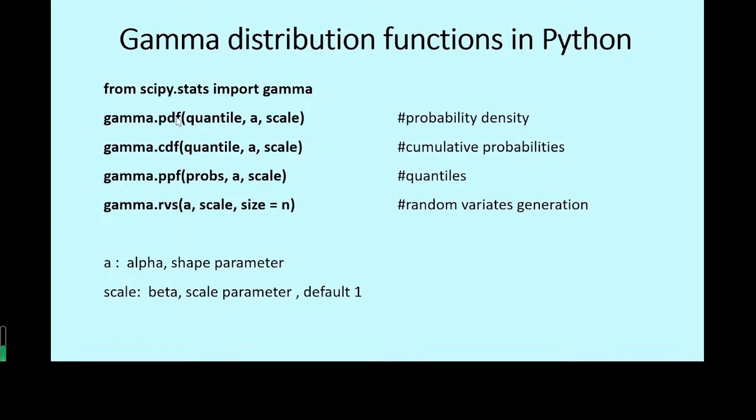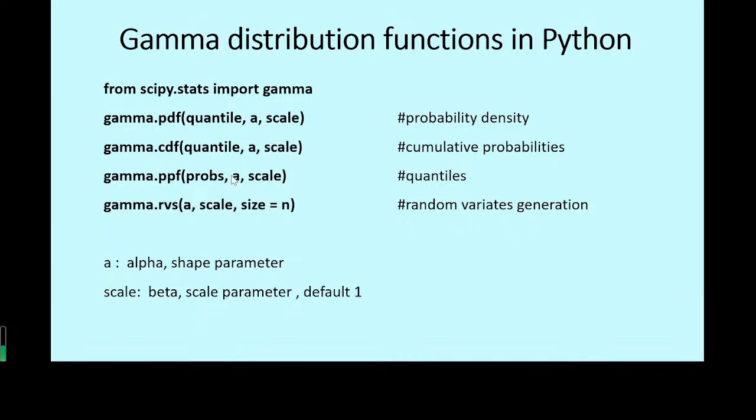So in Python, we can use the scipy.stats module and import its submodule called gamma. Next, the functions gamma.pdf, cdf, ppf, and rvs can be used to calculate the gamma distribution. PDF is for the probability density, CDF represents cumulative probabilities, PPF means quantile, and RVS means random variate generation.